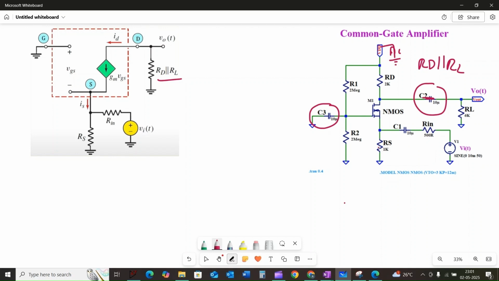Similarly, one pin of the resistor RS is connected to the ground and C1 is shorted. Again, the resistor RS is parallel to the Rin.